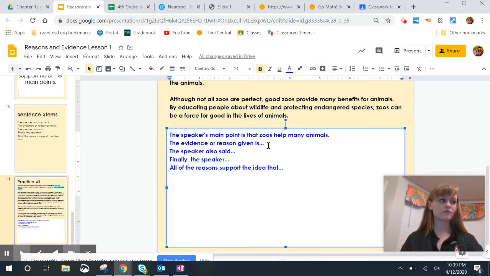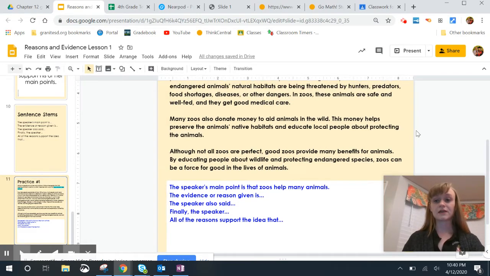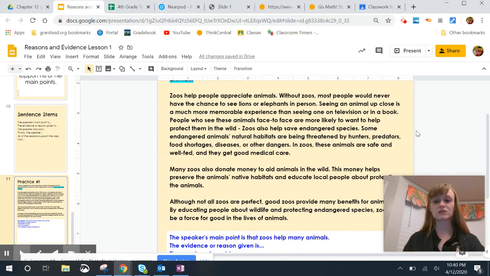Okay, now I'm going to go ahead and read the next paragraph to learn some of the speaker's reasons for why they think zoos help animals. So, zoos help people appreciate animals. Without zoos, most people would never have the chance to see lions or elephants in person. Seeing an animal up close is a much more memorable experience than seeing one on television or in a book.